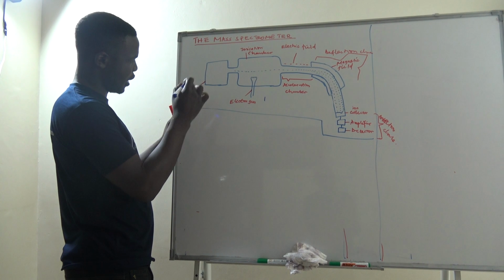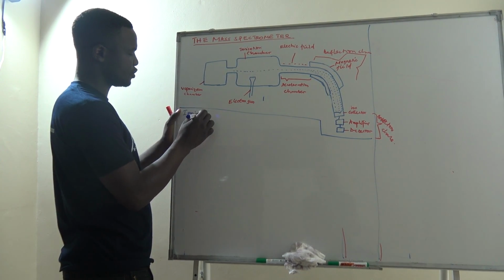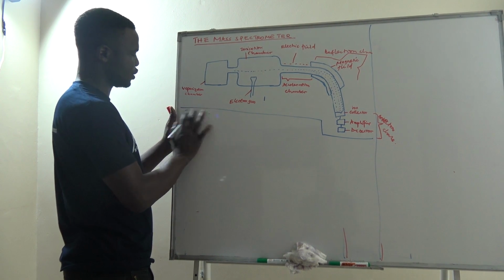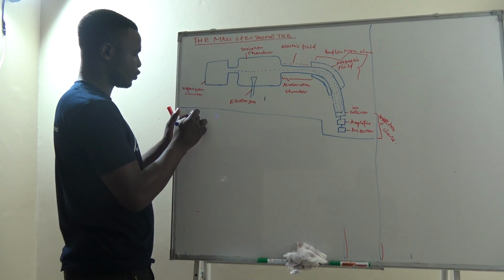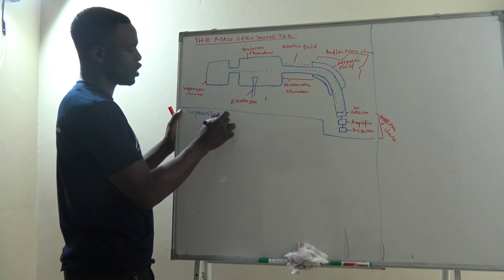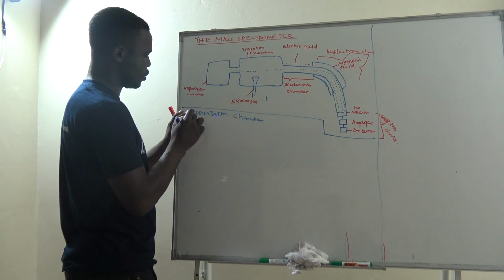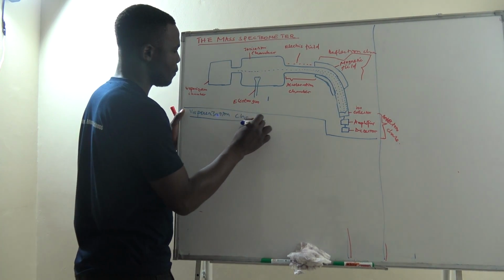Now, we said the first stage is the vaporization chamber. So we are going to see what happens in each chamber, and when connected, that is the mode of operation.